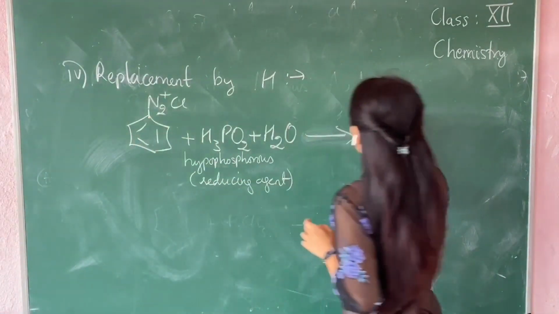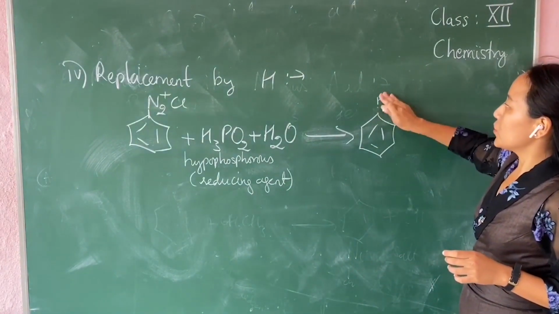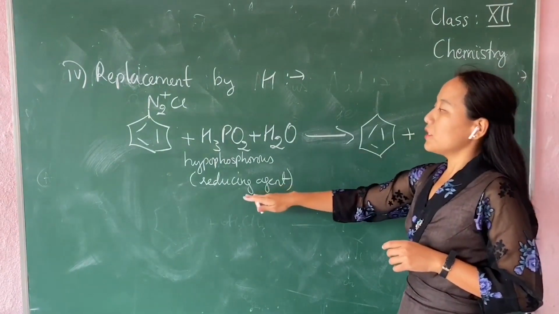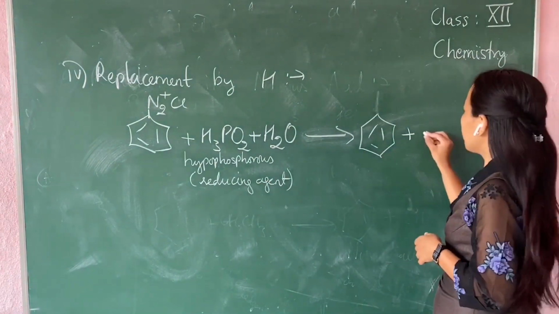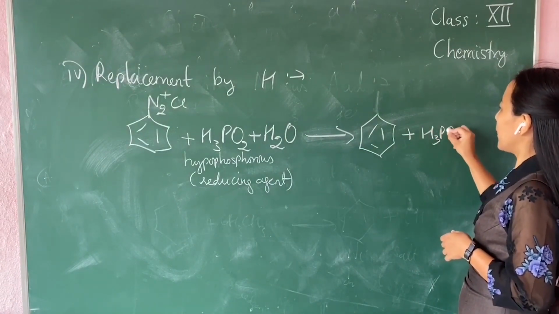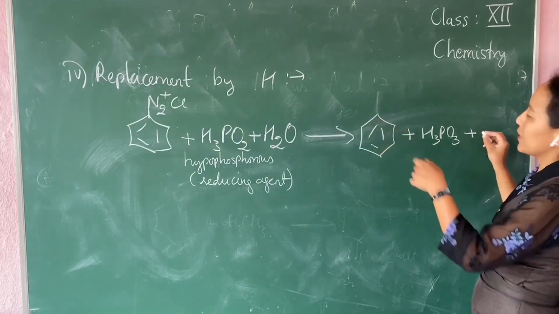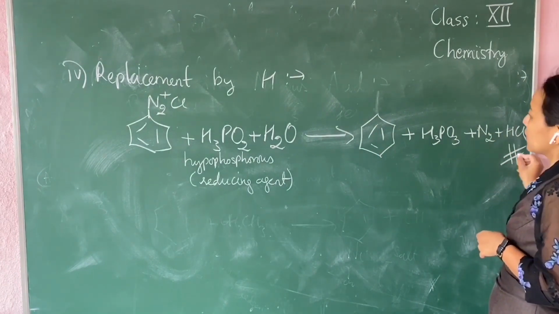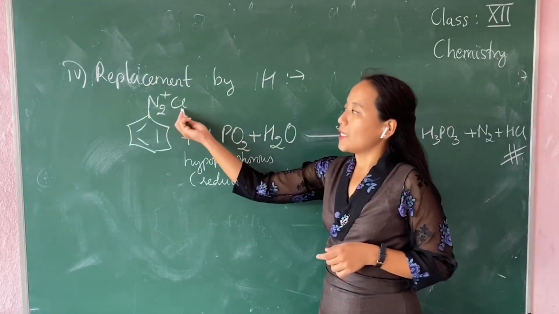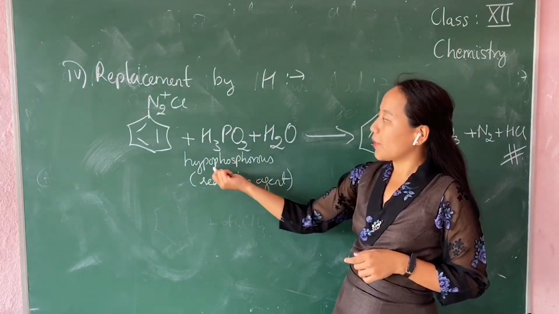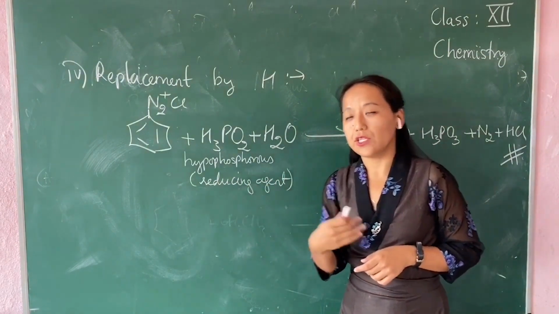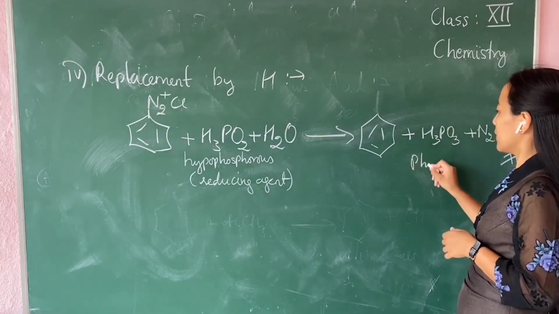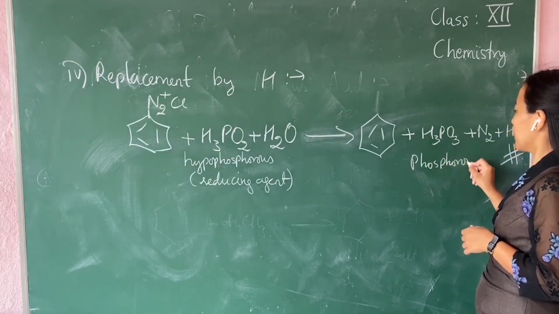So you don't have to write hydrogen atom over here because it is understood that hydrogen atom is present. Plus, this reducing agent gets oxidized to phosphorus acid H3PO3 plus nitrogen gas is evolved plus HCl. So this is the product being formed. N2Cl is replaced by the reducing agent hypophosphorus acid which donates hydrogen atom, and itself gets oxidized to phosphorus acid.